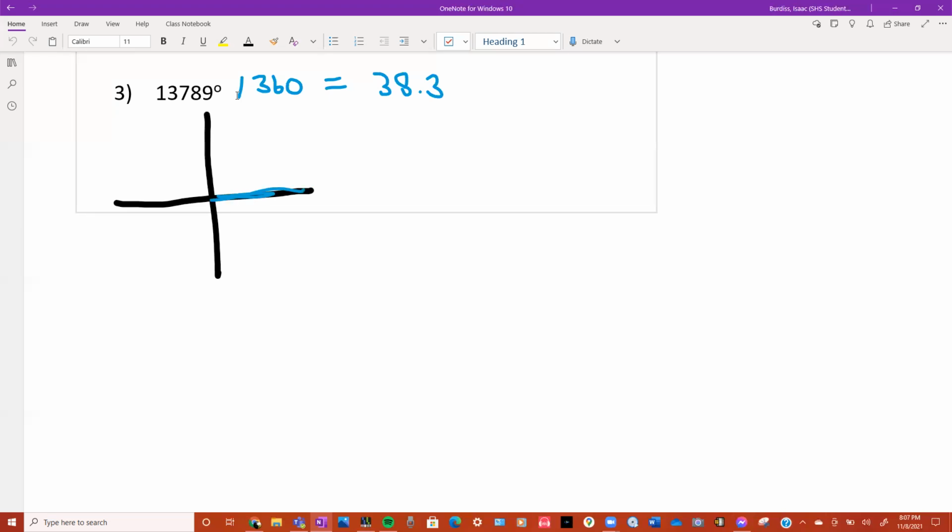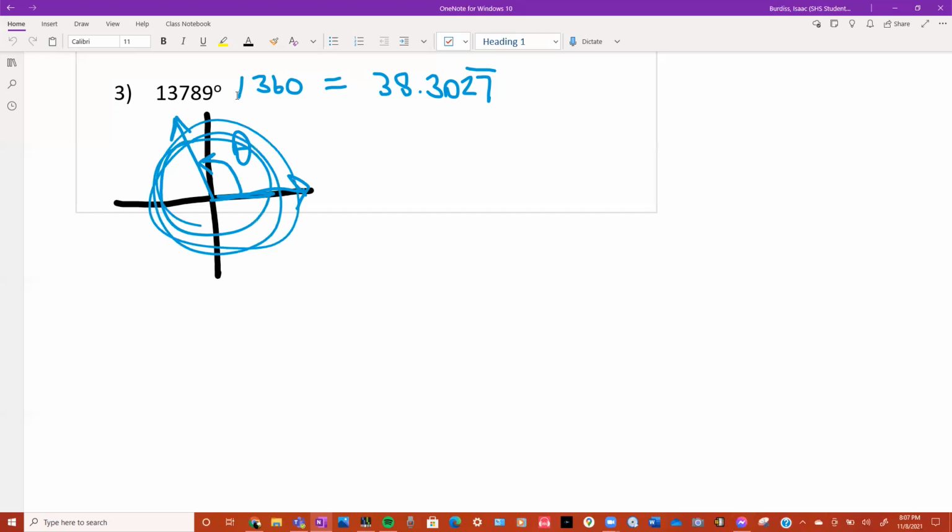We have our initial side here, and the decimal that we got, .3027 repeating, we need to take that decimal, multiply it by 360, and we get 109. So 109 is going to be our angle measure. If this is 90, then a little bit more than that is going to be 109. Oh wait, actually this one is positive, so counterclockwise. And technically we would have 38 circles on that, but I'm not going to draw that.